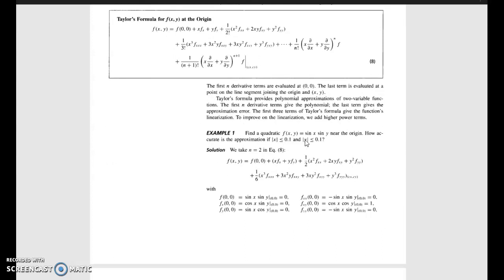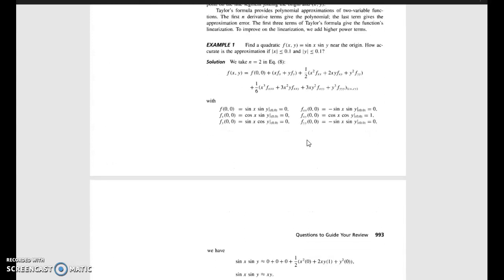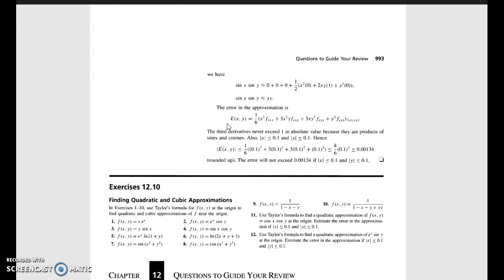For the quadratic approximation, the error is the third-degree term, and if we need a cubic approximation, then the error will be the fourth-order term. So this will be the error.